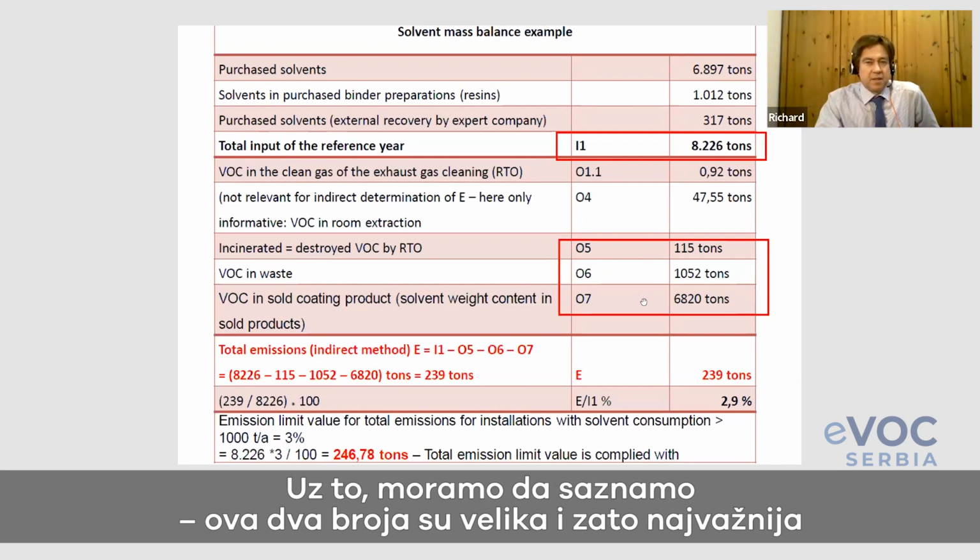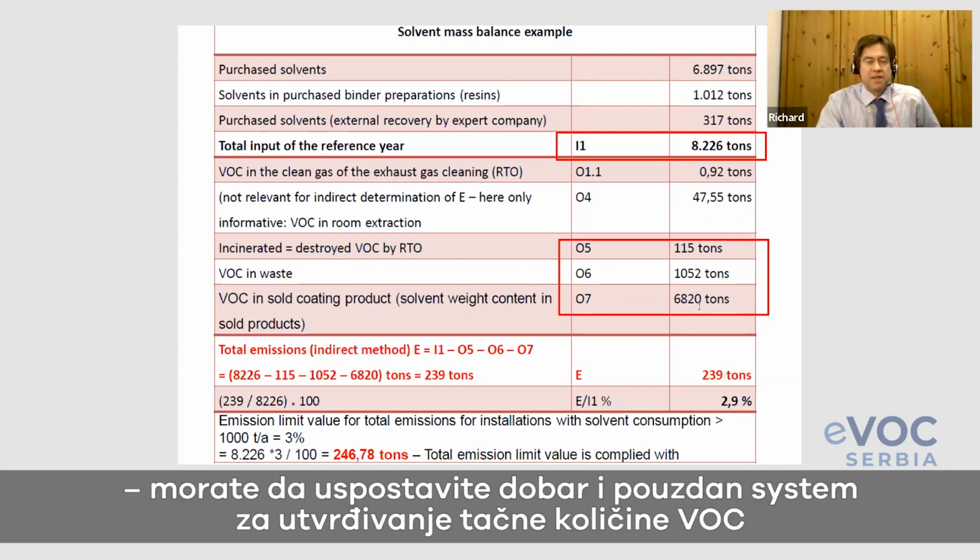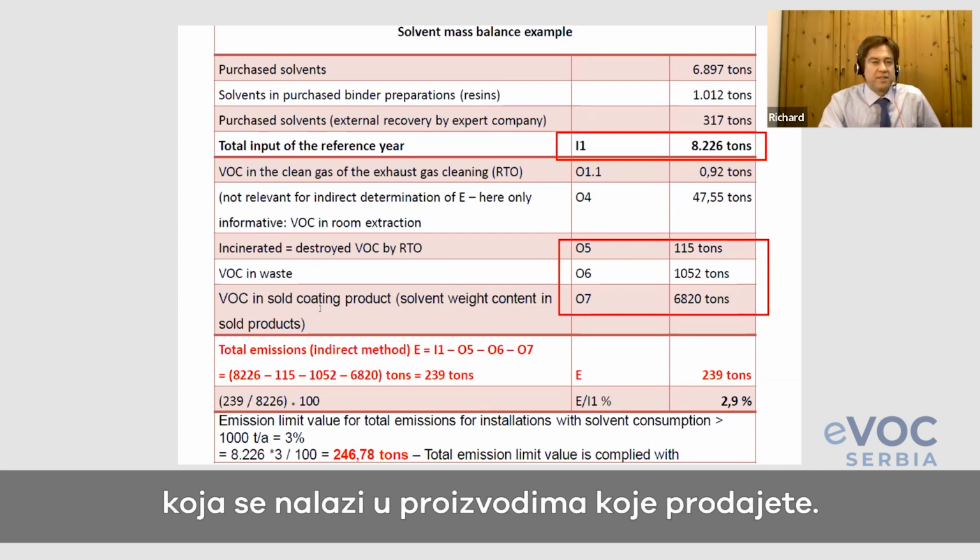And what we have to know, and you see why, again, you see this high number and this high number, those are the most important numbers. So here you must establish a management system to determine exactly the quantity of VOCs in the products that you sell.